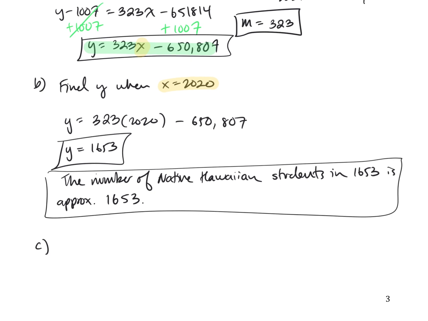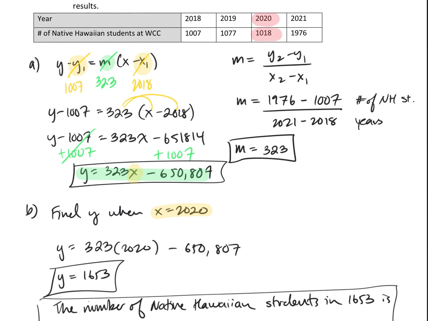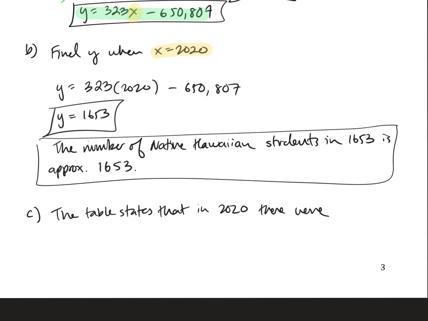So we'll say that the table states that in 2020, there were 1,018 students. Is this bigger or smaller than what we got? This is smaller than the value given by the equation model.